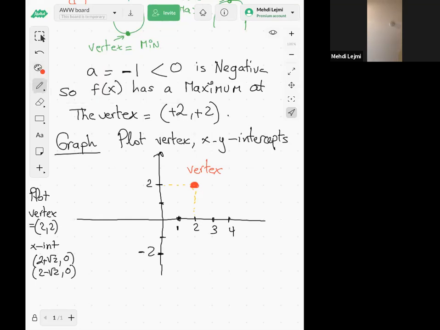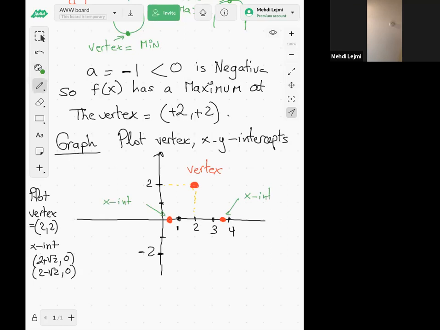And 2 minus square root of 2 is about 0.6, a number between 0 and 1. So here I have my x-intercepts.